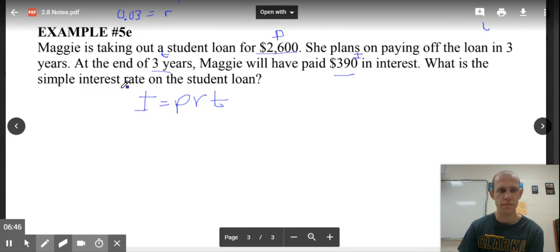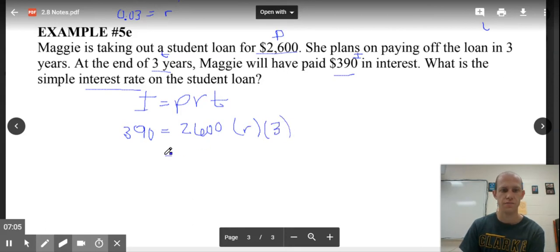No rate, because we're asked to find it. So 390 is the I. 2,600 is the P. We did not find an R, and then we know it's 3 years. So this is going to be an interest rate in years.